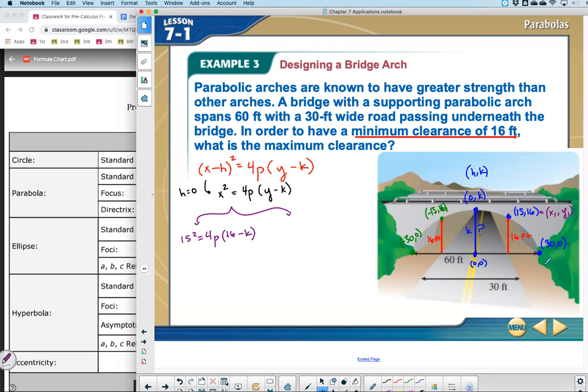We'll call this one x2 comma y2. So I'm going to plug this in. 30 squared is my x equals 4p times my y is 0, so 0 minus k.